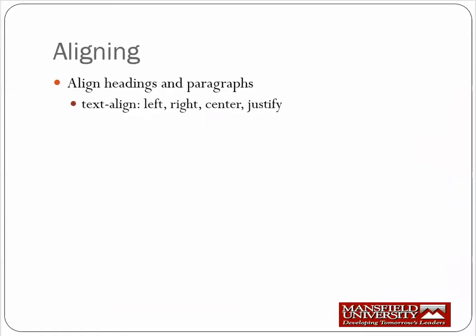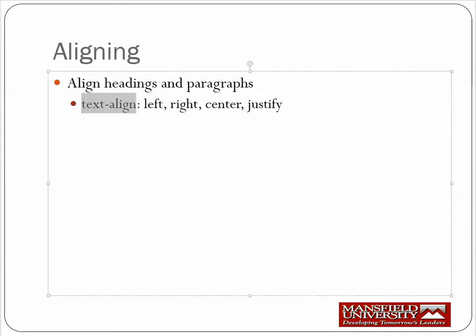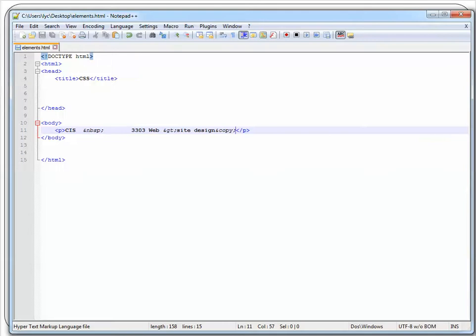Sometimes when we design a web page, we want to, say, put a heading in the center. So we need to align text. We do this with what we can call an attribute. We want the text left, right, center, or justify, just like in Word. So let's see an example.